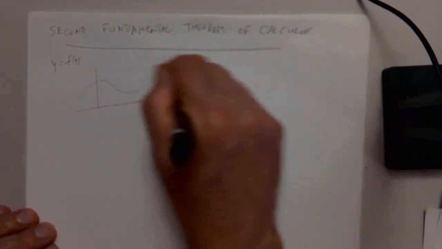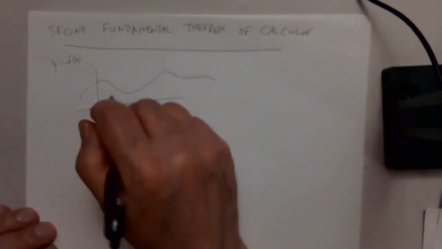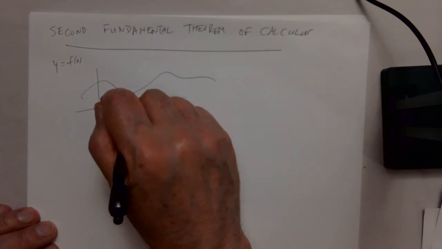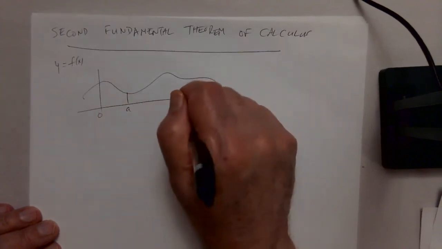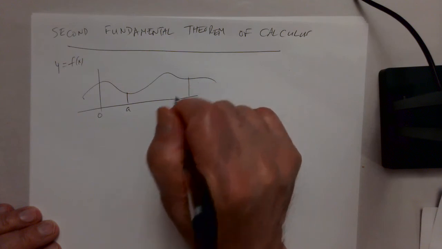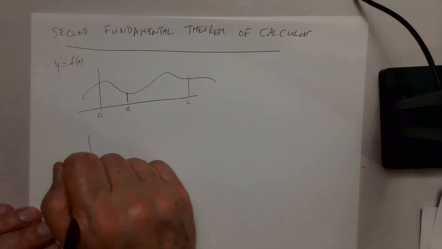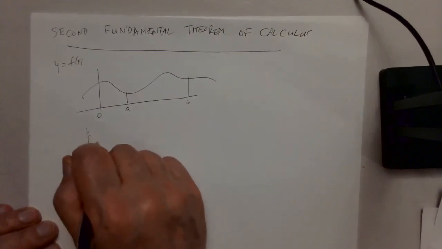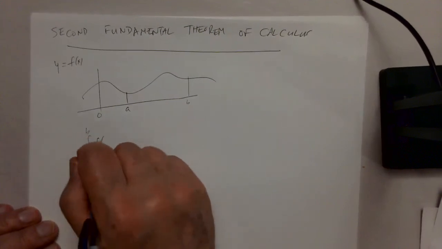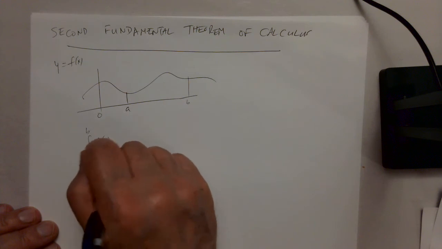Suppose we have a function y equals f of x, and there's the graph. Let's say this is x equal a, and this is, say, x equal b. So the area under the curve is the integral from a to b of, let me use a different letter for the variable, it doesn't matter, f of t dt.